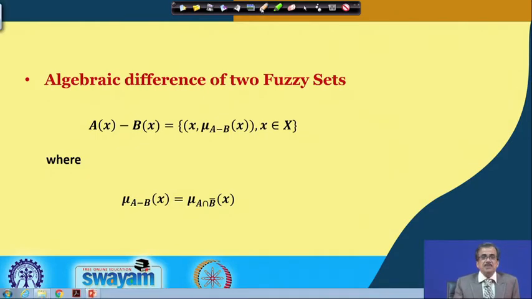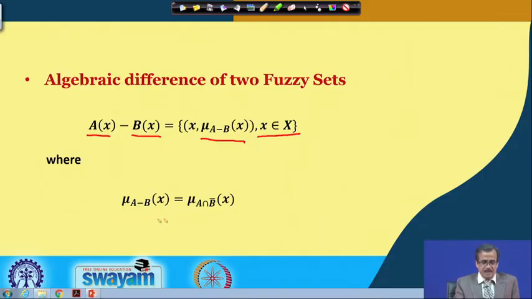Suppose I have two fuzzy sets, A(x) and B(x), defined in the same universe of discourse, where x belongs to capital X. How do we find the algebraic difference, that is A(x) minus B(x)? A(x) minus B(x) is nothing but x with the membership function value mu A minus B of x. Now, how do we define this mu A minus B of x?